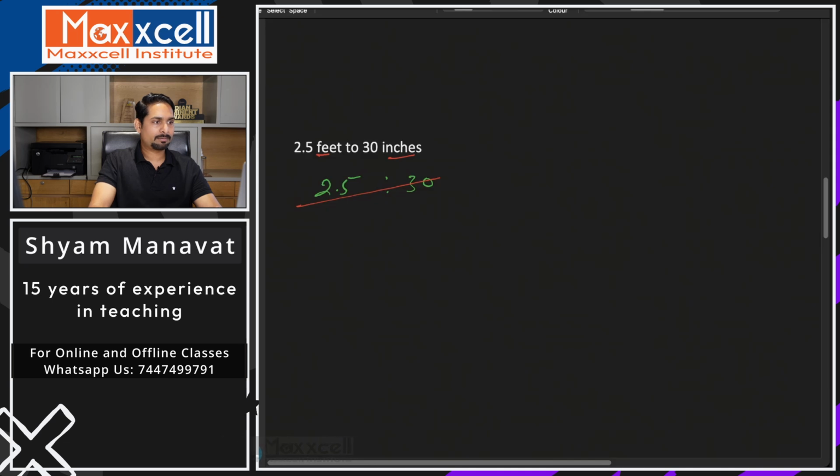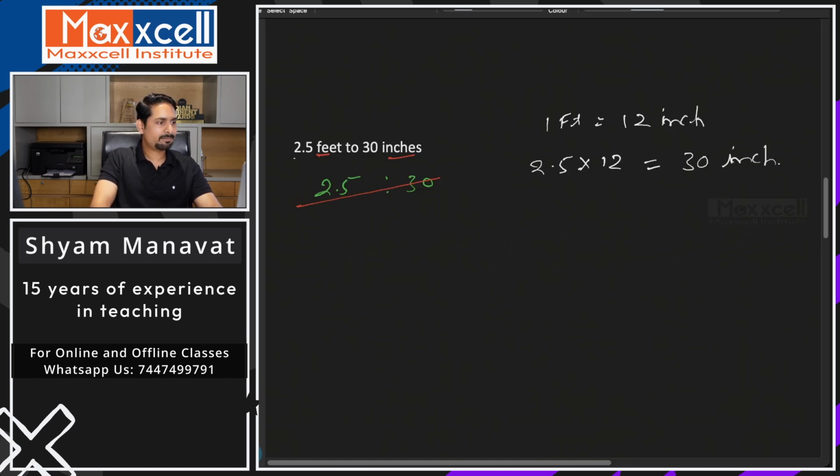You know 1 foot equals 12 inches, right? So you multiply 2.5 with 12 to get the value in inches. So 2.5 into 12, you will get 30 inches, right?